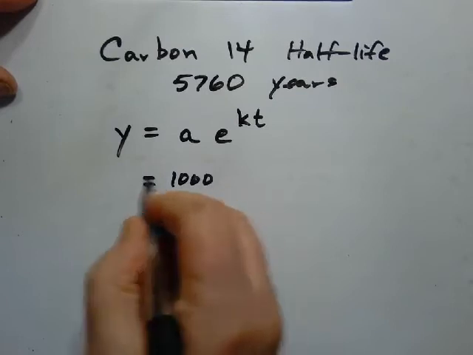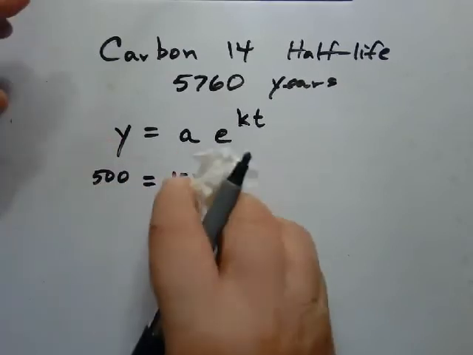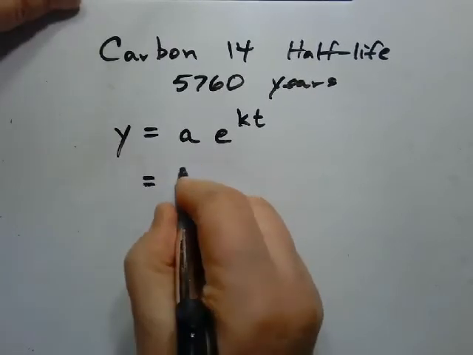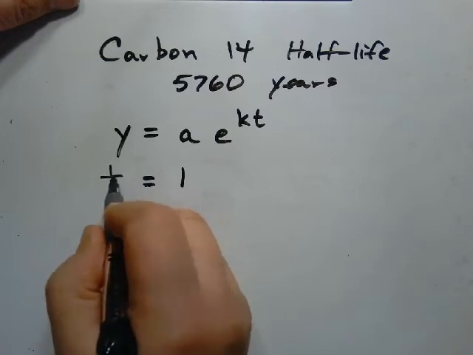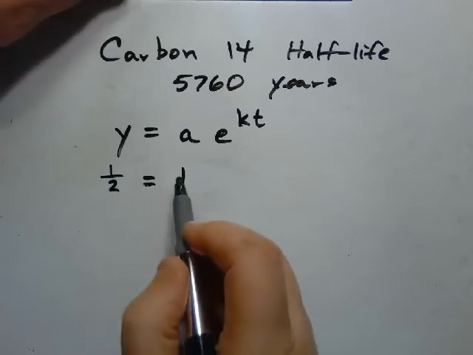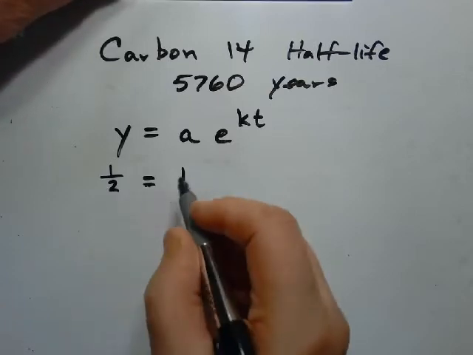Half of 1,000 would be 500. Or just put 1 in there, and that's usually the easiest thing to do. Just put 1 in there, the initial amount is 1, and then in the future it will be a half. So you always find out that this a is going to be twice of what y is.